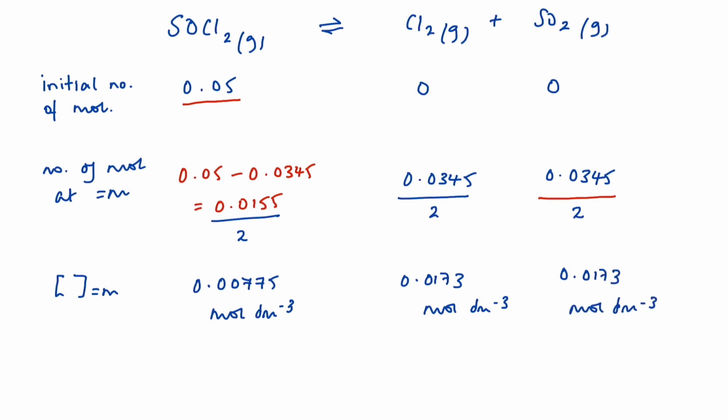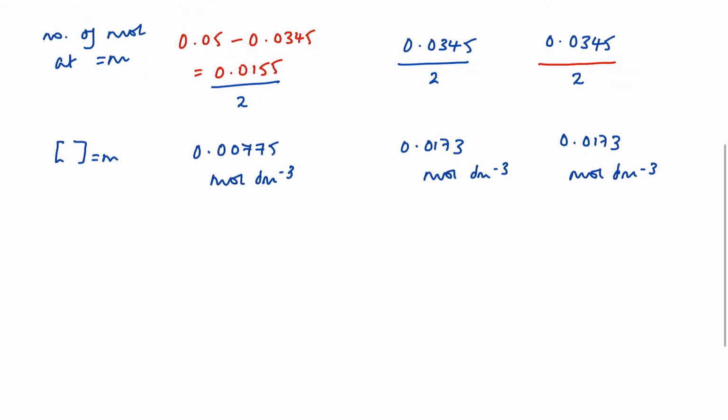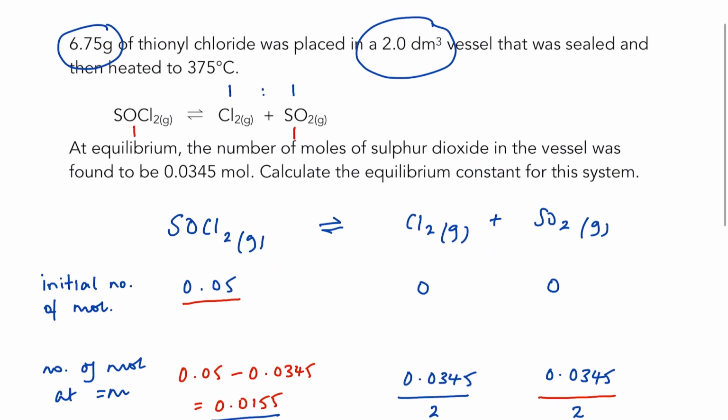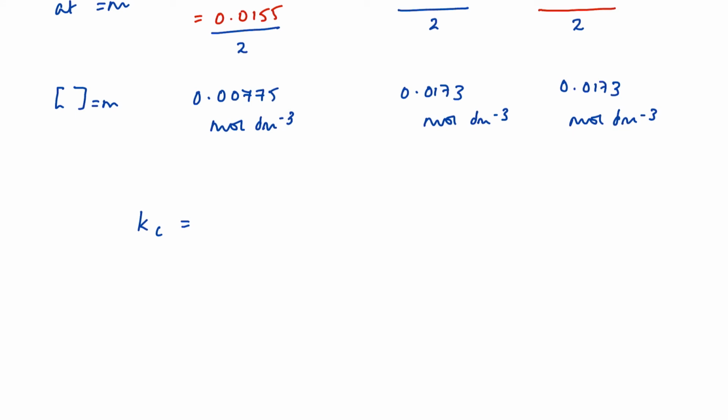So now we have our concentrations and we can plug it into our expression for Kc. So Kc, and if you remember, we have yet to write that. Let's write that down.